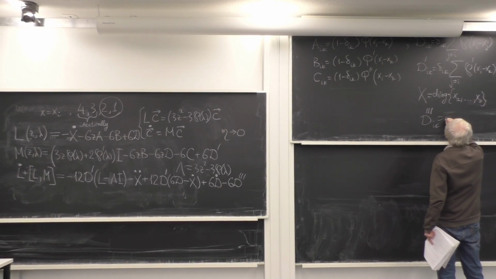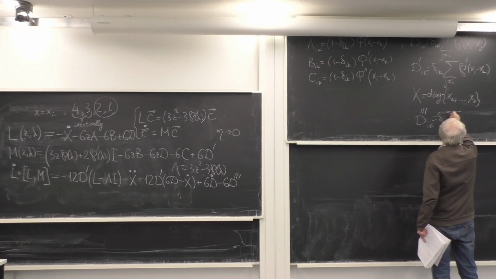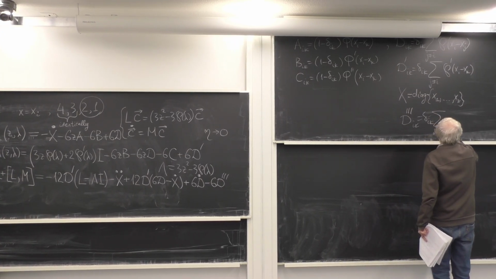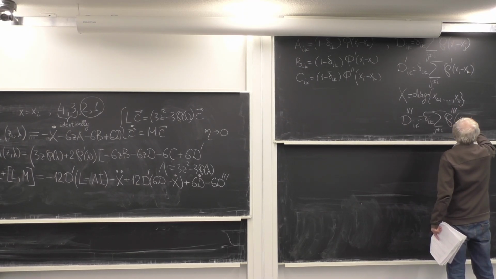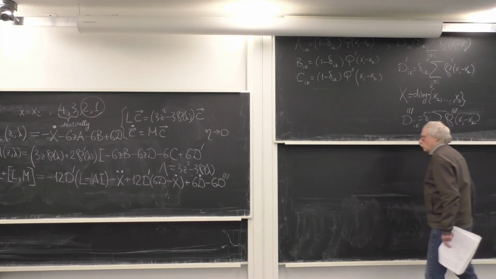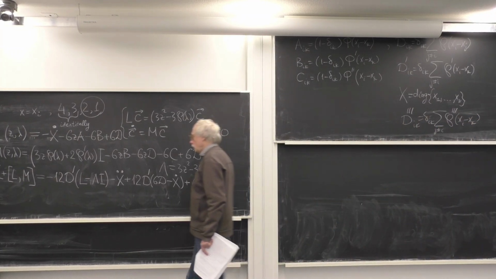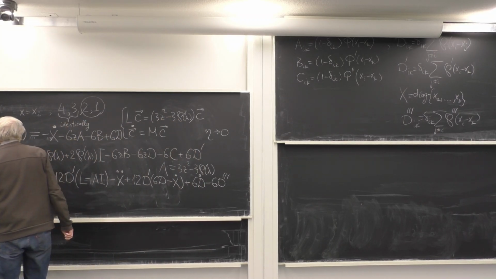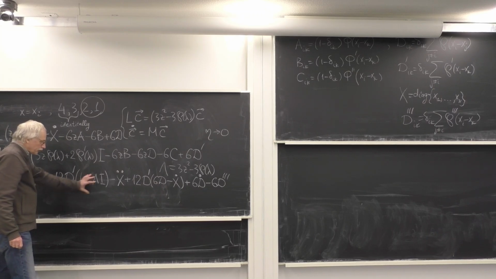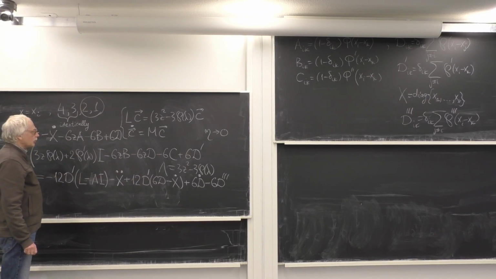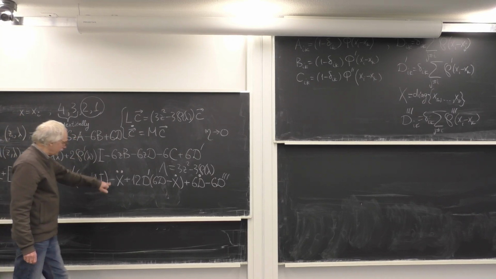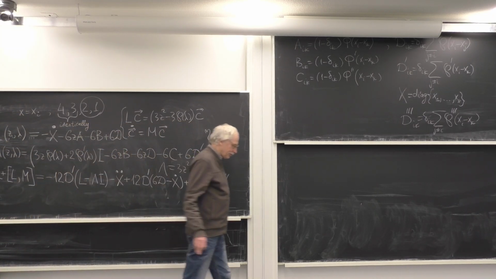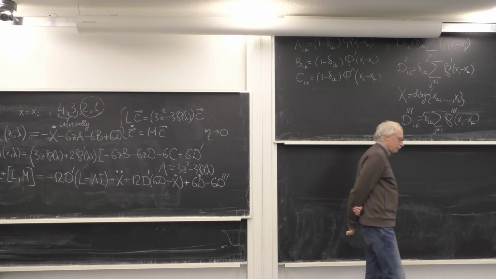So this is identity. If you substitute all these matrices here, you get identity. So it's just an algebraic identity.